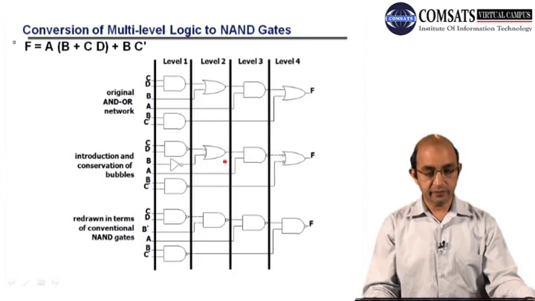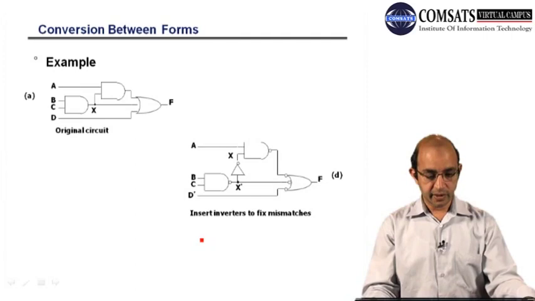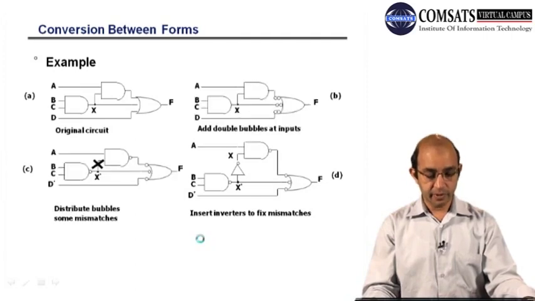First we introduce the bubbles, so here two bubbles, two bubbles, two bubbles. This is NAND, and this is also NAND. So now we have the all NAND representation. I will skip this example.